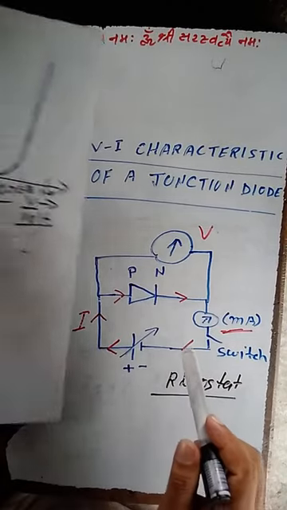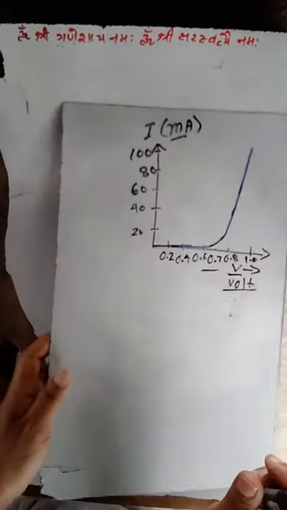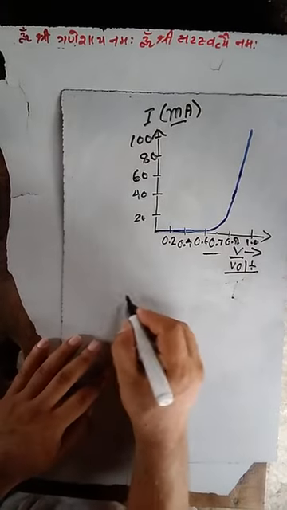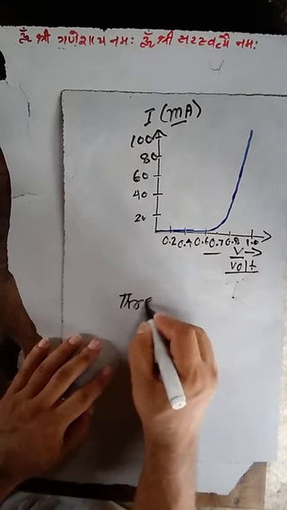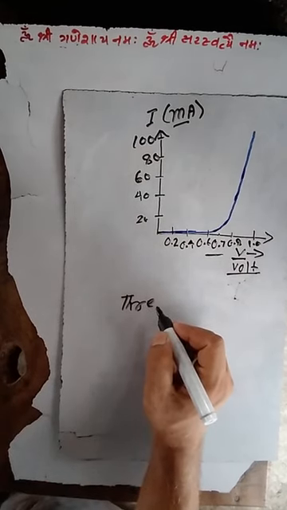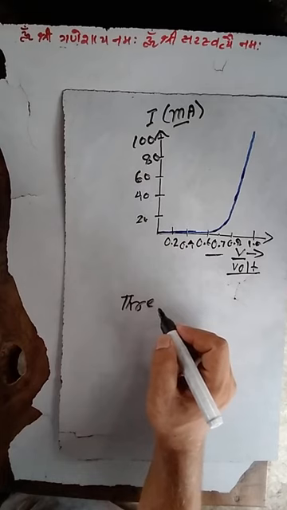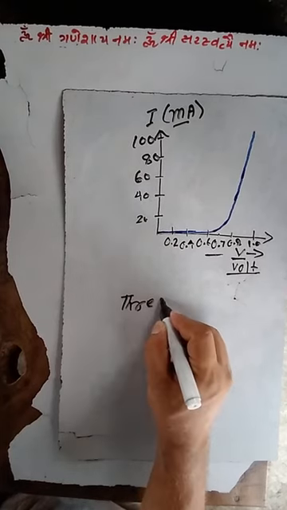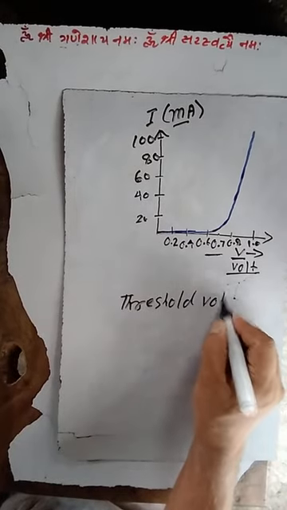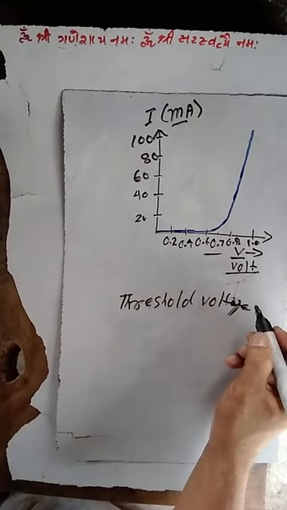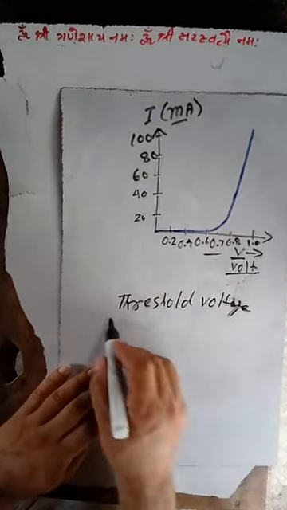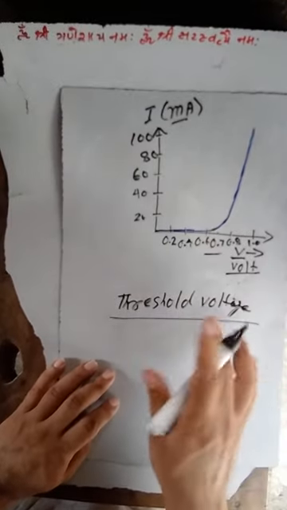Why is this? Because we have a potential barrier, the threshold voltage. Due to the threshold voltage we don't get any current.